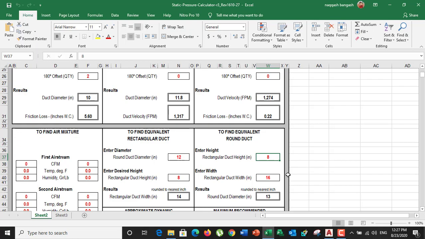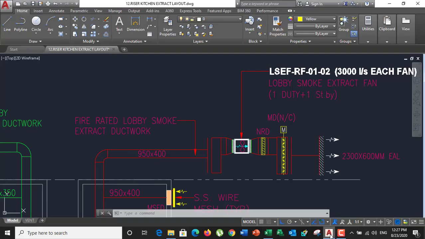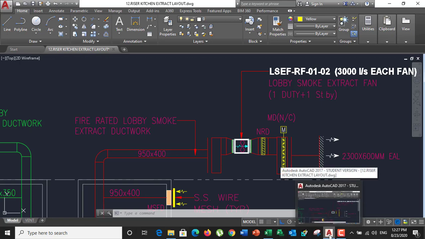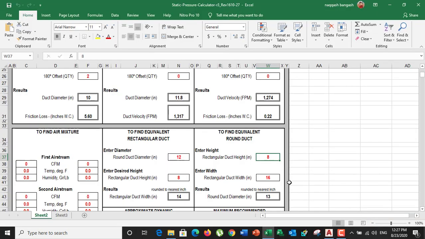What is the duct height in inches? Just convert mm into inches. If you are already working in inches, then put it directly. I am using inches. So 950 divided by 25.4 is almost 37.4 inches of duct.